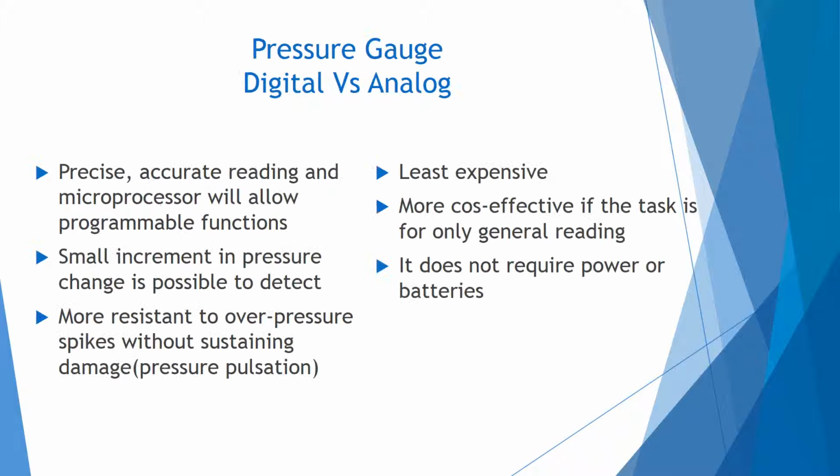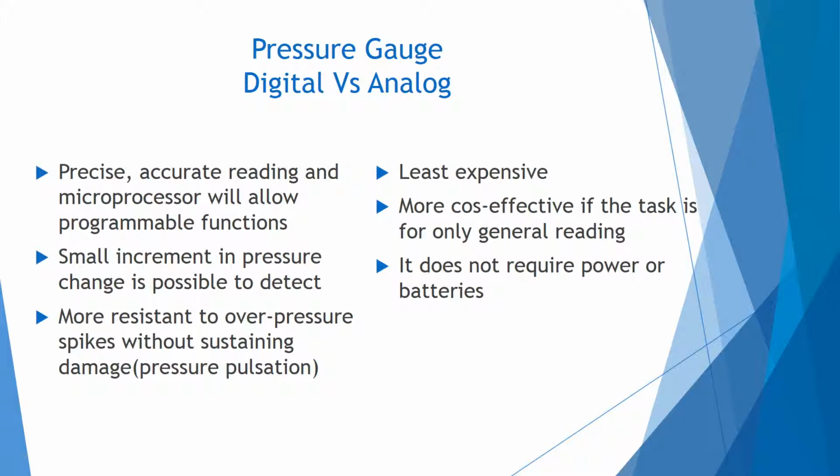Display. There are two types of display of the pressure measurement reading, the analog and the digital. Digital versus analog. The digital is a precise, accurate reading, and the microprocessor allows programmable functions. A small increment in pressure change is possible to detect, with more resistance to overpressure spikes without sustaining damage.